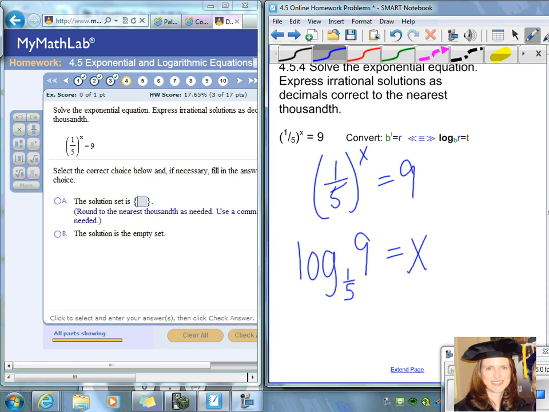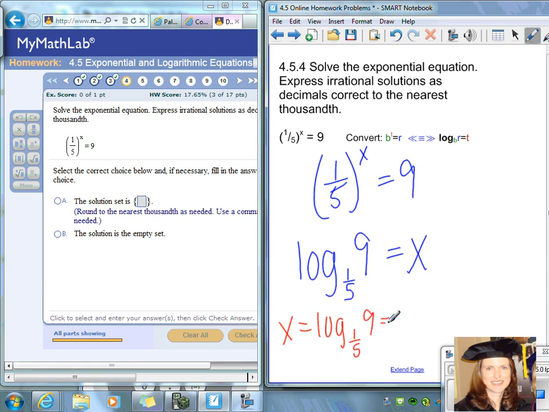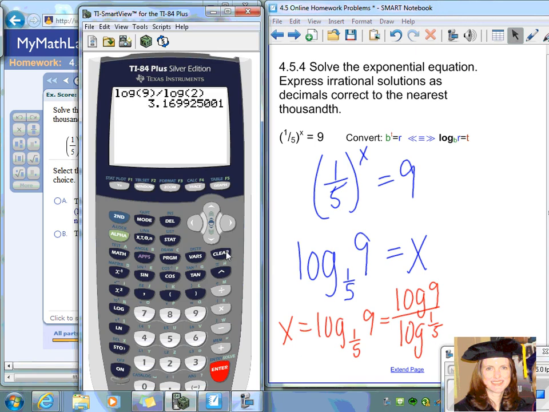Now we have x equals log base 1/5 of 9. Use a calculator and round to the nearest thousandths. So we're going to find log of 9 divided by log of 1/5. Using the change of base formula and a graphing or scientific calculator, evaluate log of 9 divided by the log of 1/5.